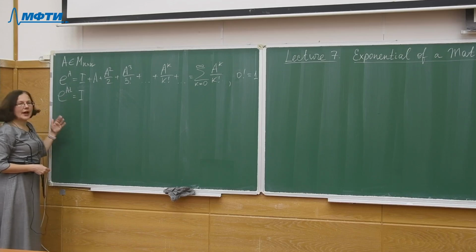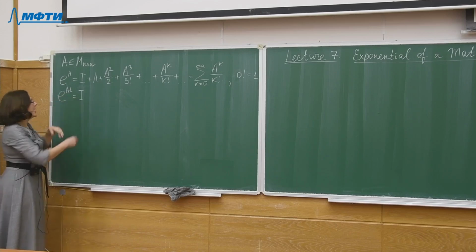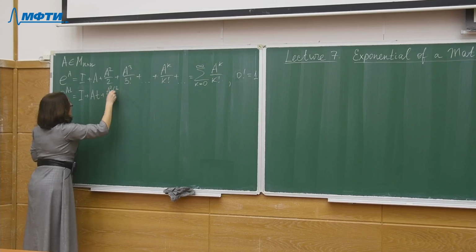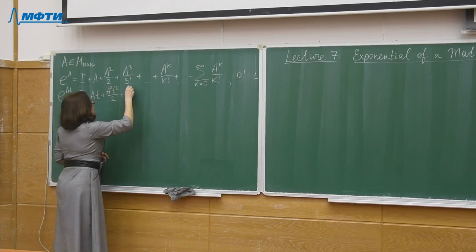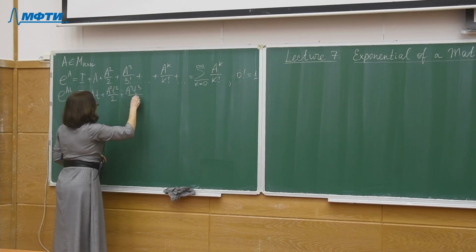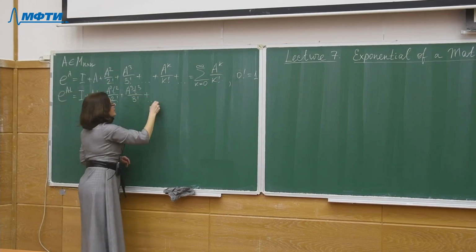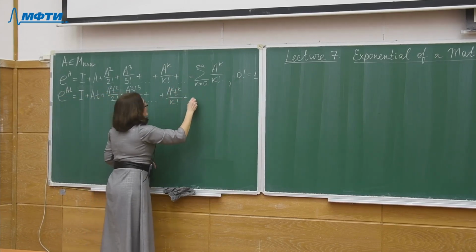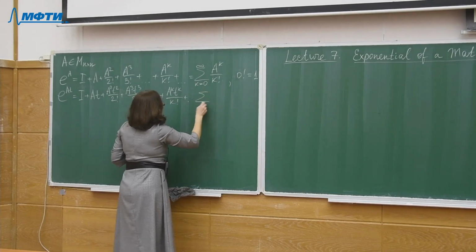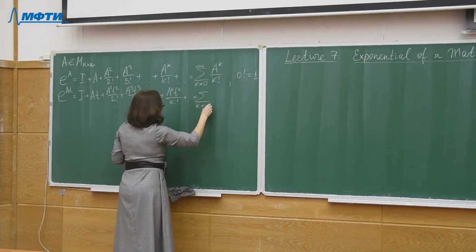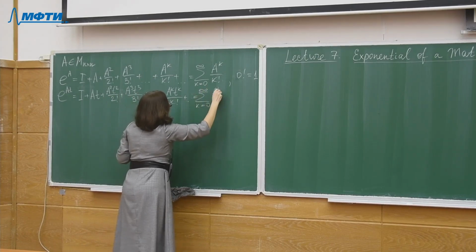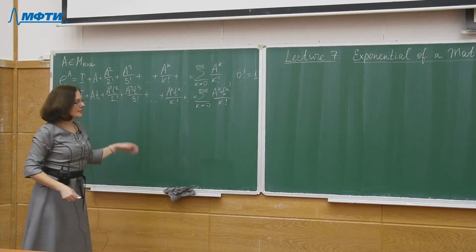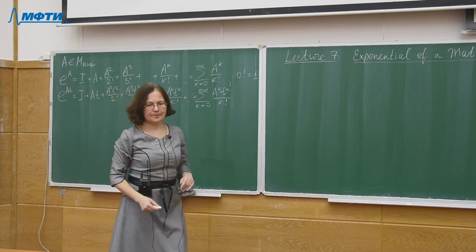Each entry of this matrix will depend on t, and it is defined as this infinite sum: the identity plus At plus A squared t squared over 2 factorial plus dot dot dot plus A to the k, t to the k over k factorial, which is equal, in the compact form, to this infinite sum.